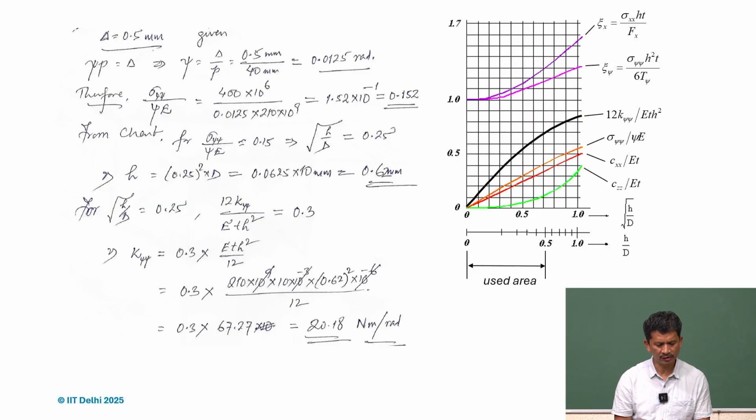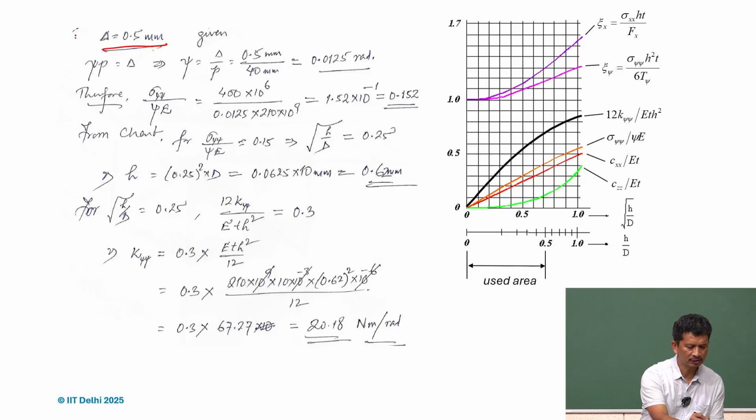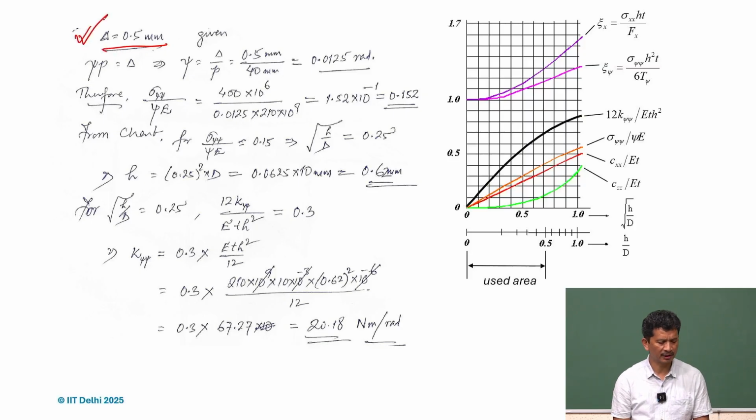I just worked it out so that you can also cross-check. The displacement, 0.5 millimeter, is given. What is provided in the beginning are the sigma and E values.